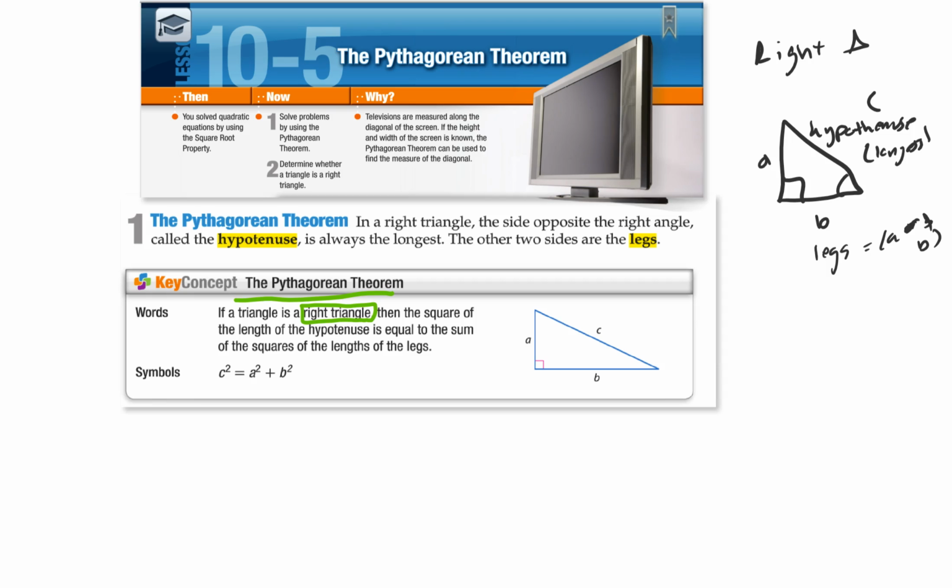If you take the two legs of a right triangle, A and B, and remember, it does not matter which one's which, as long as they're the smaller ones, and you square them and add them up, it's going to equal the longest side, the hypotenuse, which is always C, squared. The squares of the two legs of a right triangle are always equal to the square of the remaining side. That's the Pythagorean theorem.